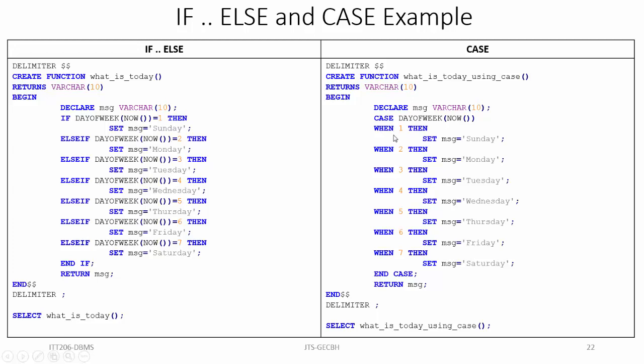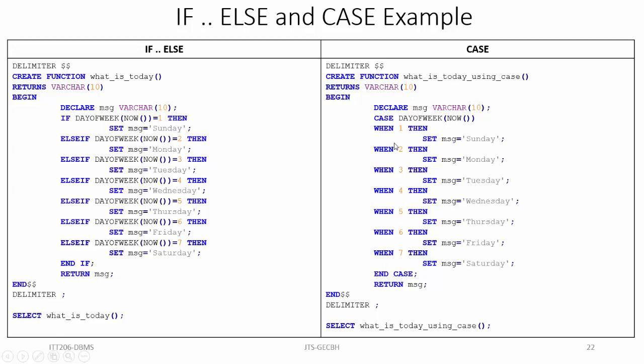When 1, then set message equal to Sunday. When 2, then set message equal to Monday. When 3, then set message equal to Tuesday. When 4, then set message equal to Wednesday, and so on. Finally, when it is finished, we give end case semicolon.